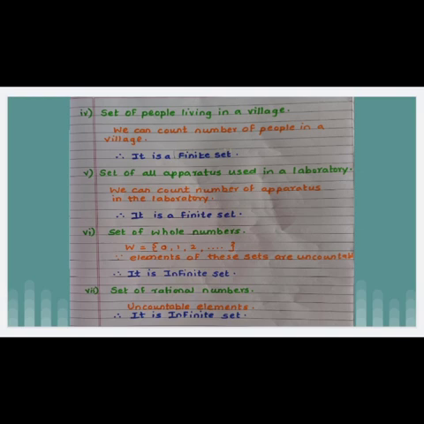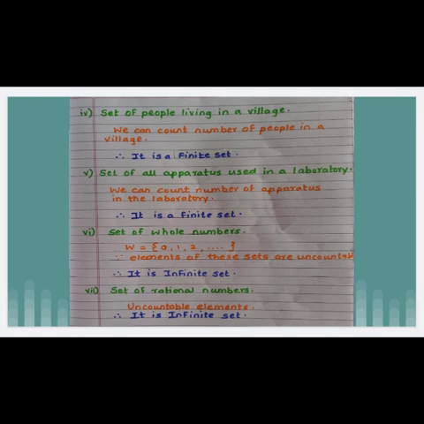Sixth one, set of whole numbers. Whole numbers means W is equal to {0, 1, 2, 3 and so on}. Since elements of these sets are uncountable, it is an infinite set. Seventh one, set of rational numbers.